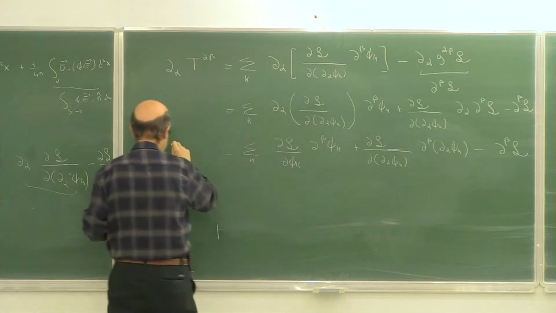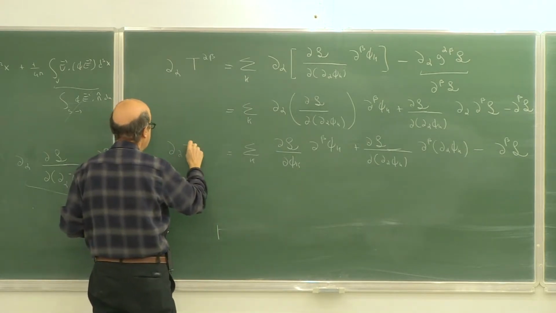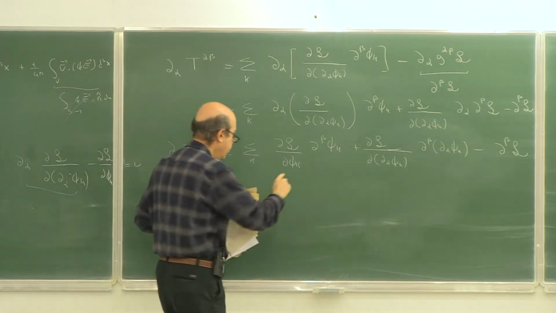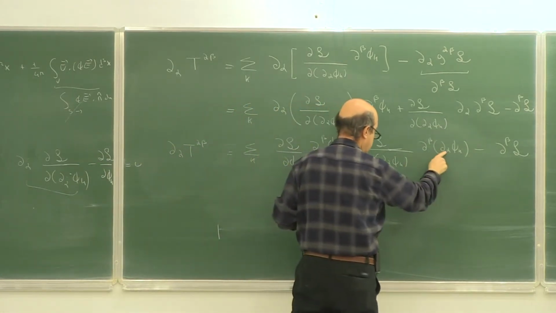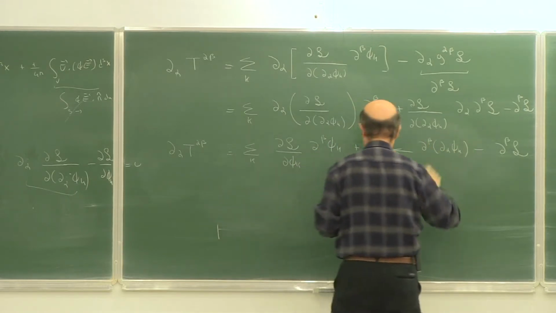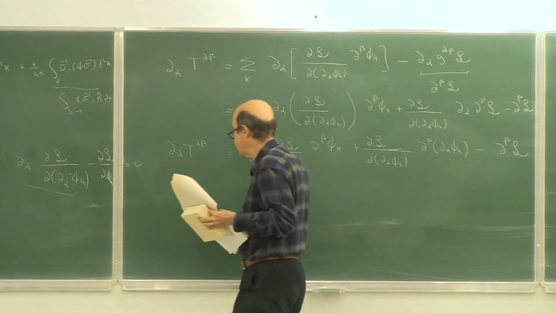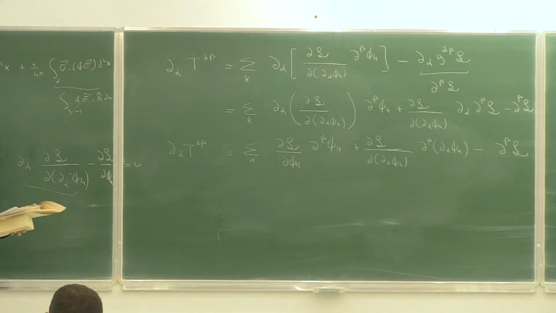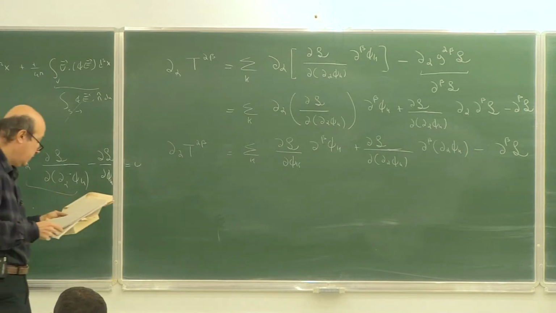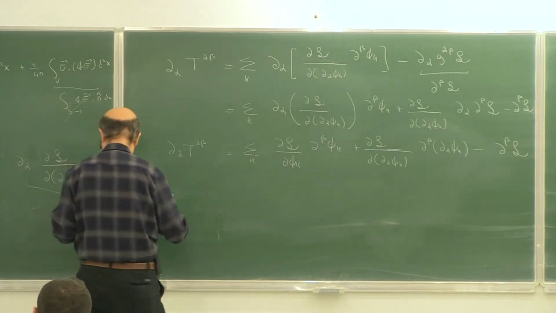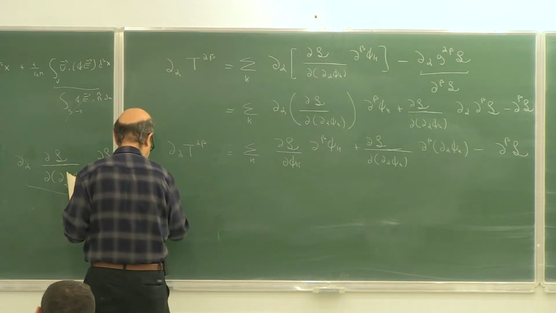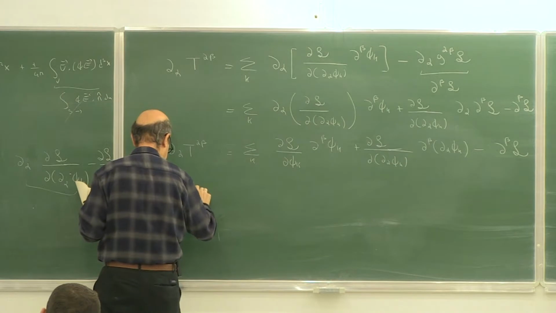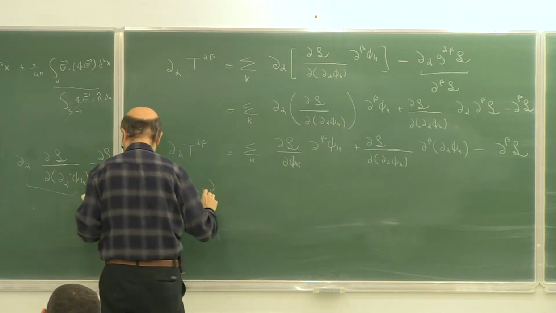So this is del alpha T alpha beta. So this is contracted, beta is the free index, and so on. So this is the divergence of the canonical stress tensor. So consider any Lagrangian which depends on the fields and the derivatives of the fields.